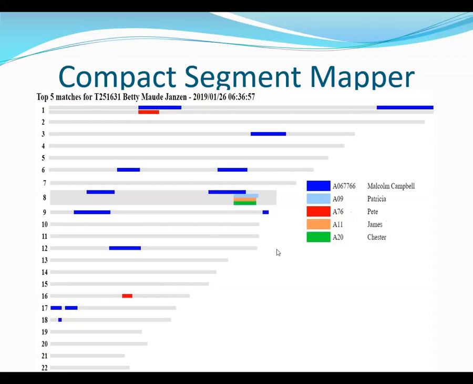In this particular segment, you can see that Pete is only sharing 2 segments with my mom, and one of those overlaps with Malcolm, the one up on chromosome 1. And you can also see that Patricia, James, and Chester are sharing a segment on chromosome 8 with Malcolm and my mother. So they're part of a triangulated group.